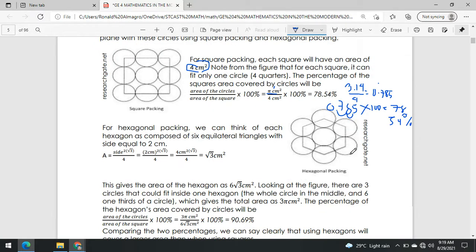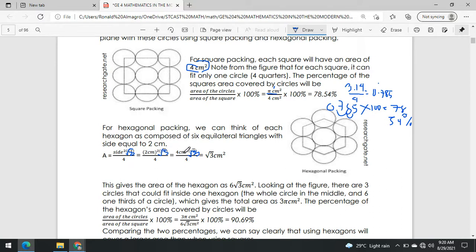For hexagonal packing, we can think of each hexagon as composed of 6 equilateral triangles with side equal to 2 centimeters. So by getting the area of a triangle, the area equals side squared times square root of 3 over 4.